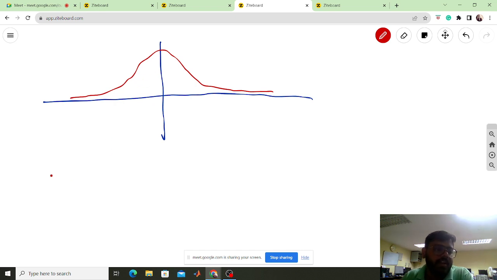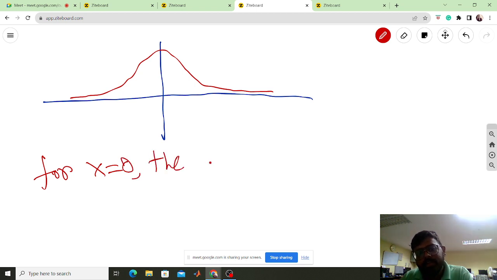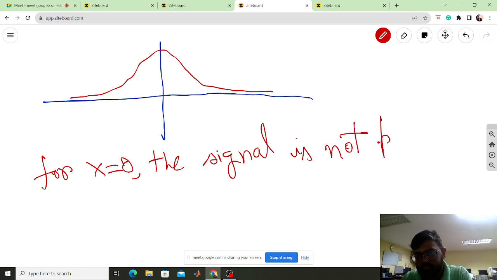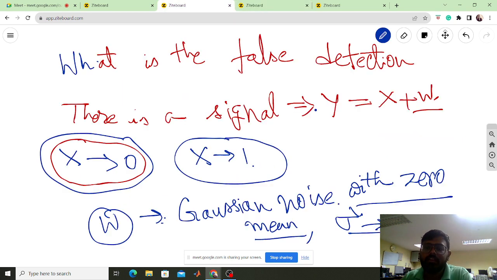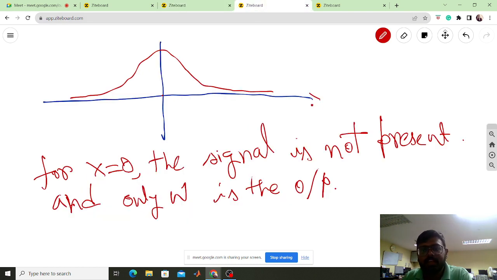For x equal to 0, we can say the signal is not present, and only W is the output. So this is W with 0 mean. The noise has 0 mean and variance sigma square. That Gaussian distribution I have drawn, and this is the axis of Y. So this is the distribution of W.